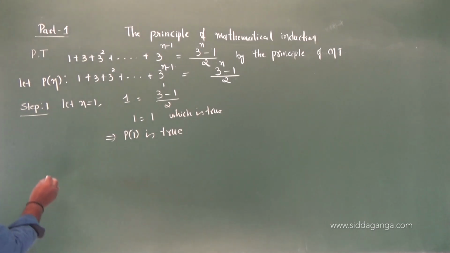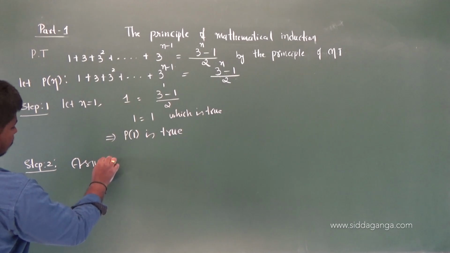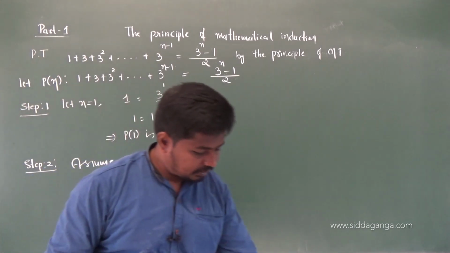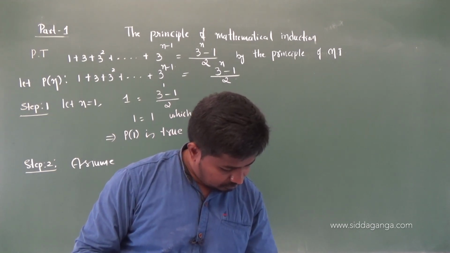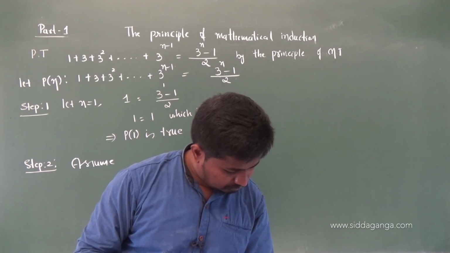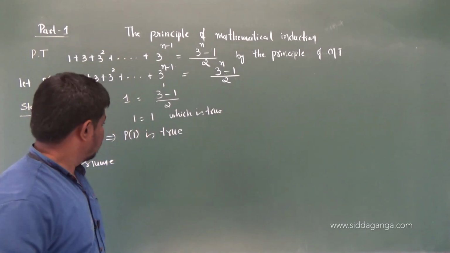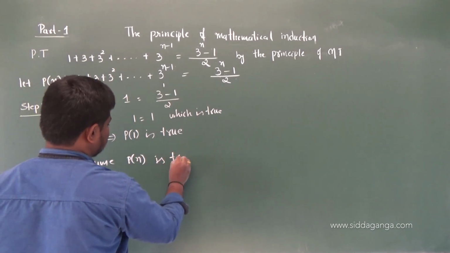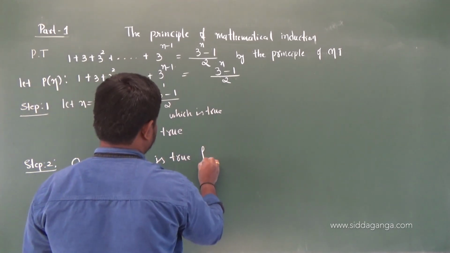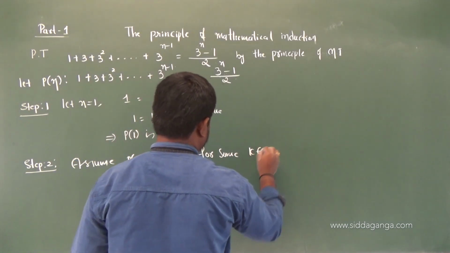Step 2 now. What is step 2? Step 2 is assume P of n is true for some k natural number.